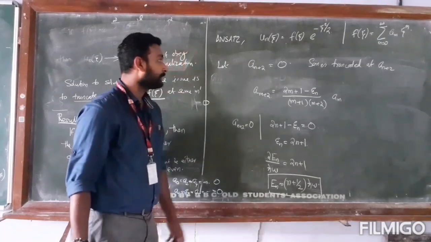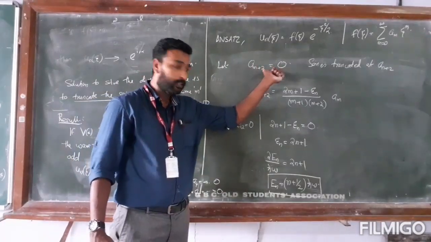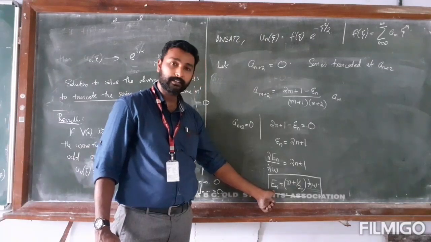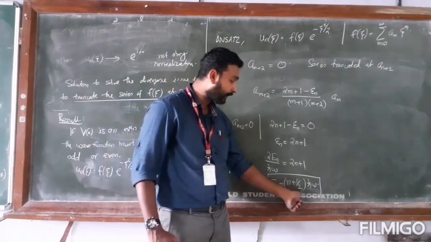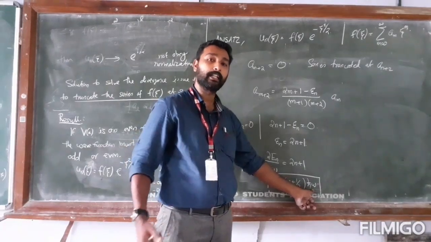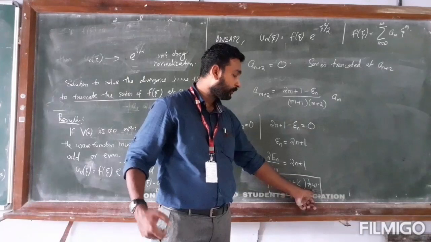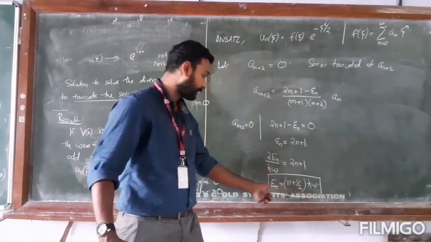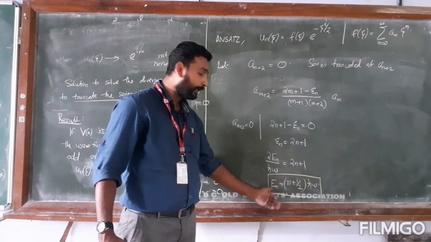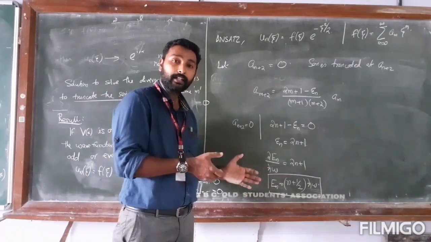So if you truncate the series at a_{n+2}, you will get the corresponding energy eigenvalue E_n, which is (n plus half) h cross omega, and the corresponding wave function I will denote by u_n, because u_n is the energy eigenfunction corresponding to E_n. Okay, so I have got the possible energy eigenvalues just by truncating the series.